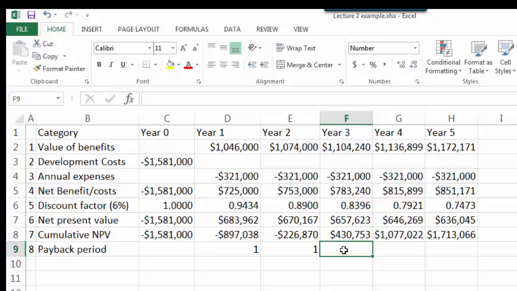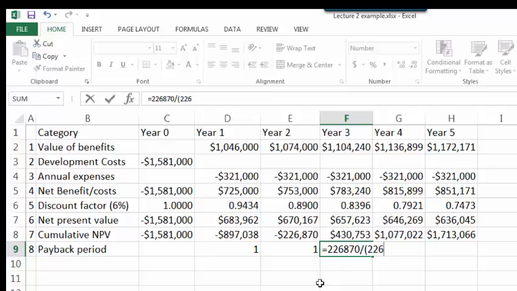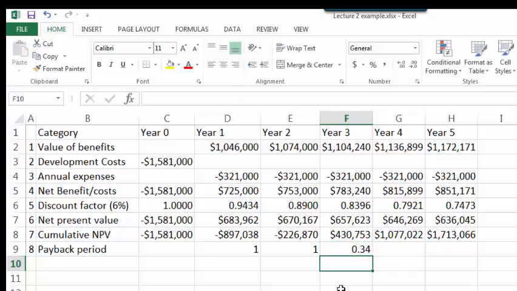We use a simple formula: equals this figure with the minus sign removed, 226,870, divided by the same 226,870 plus this one, 430,753. This gives you a rate roughly.